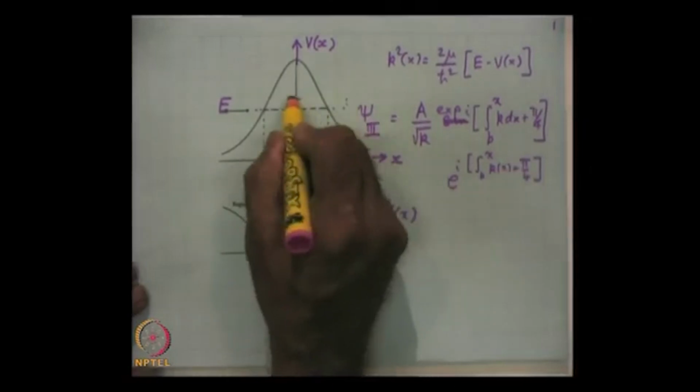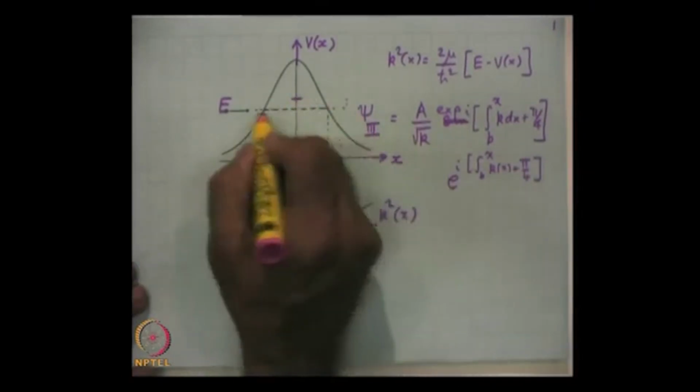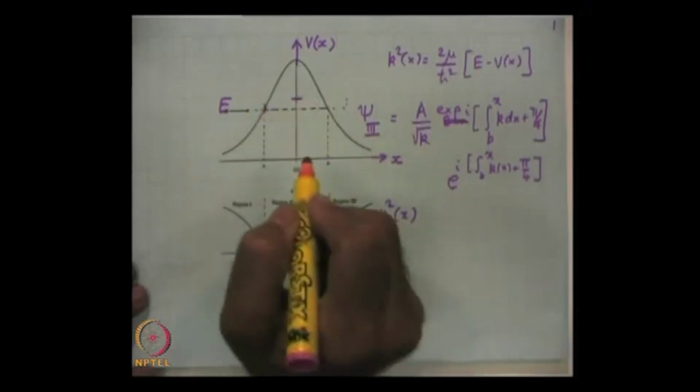from this turning point here, and then we looked at the turning point x is equal to a.